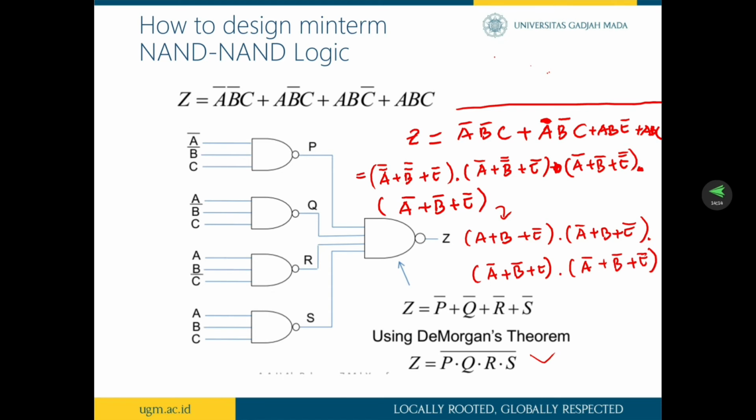If we convert to another form in the De Morgan theorem, we can apply this for the NAND logic. Actually, this is just for using this theorem.